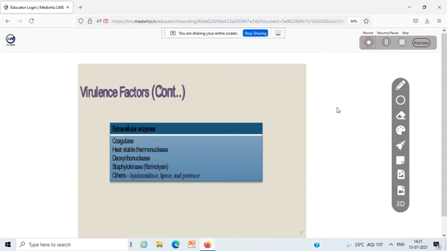The extracellular enzymes include coagulase, heat stable thermonuclease, deoxyribonuclease, staphylokinase, and others like hyaluronidase, lipase, protease, etc.